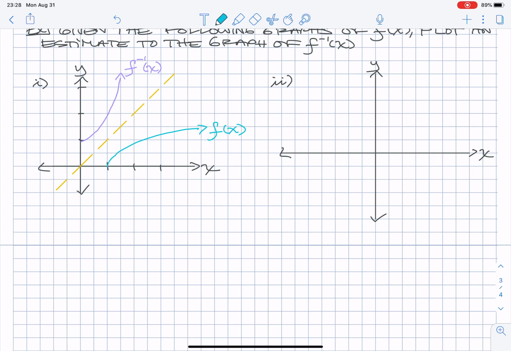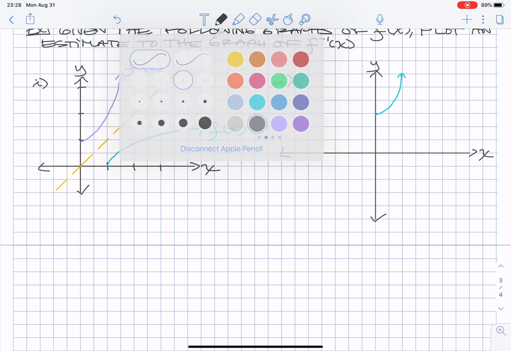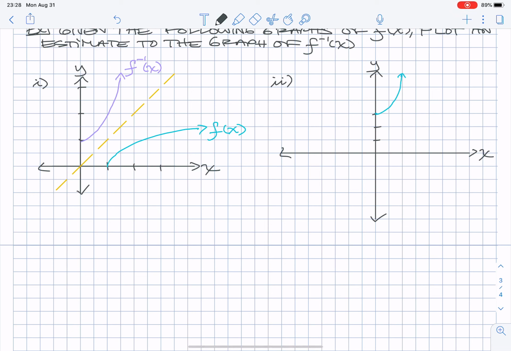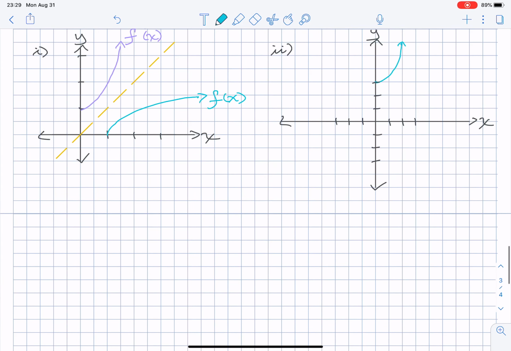Let's say we have something that looks like so 1, 2, 3. 1, 2, 3. Like that, and then like, what shall I do?